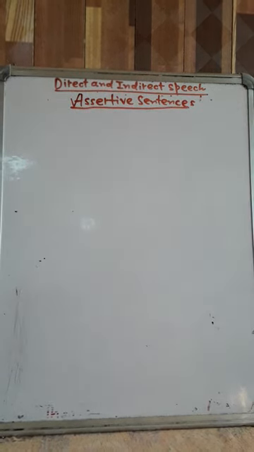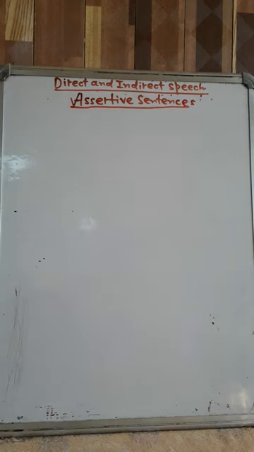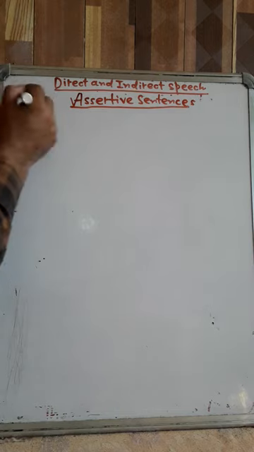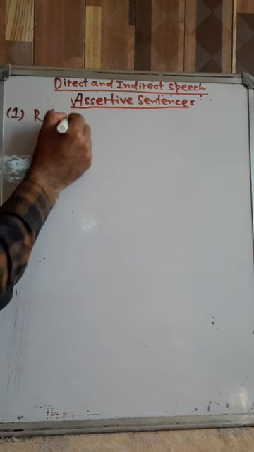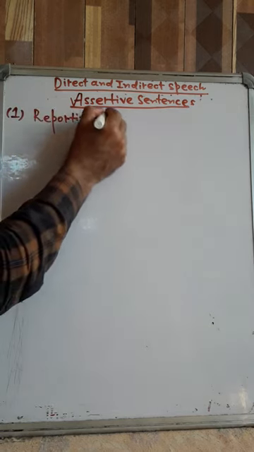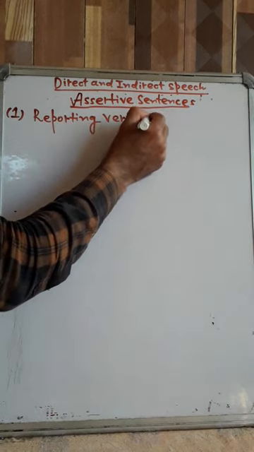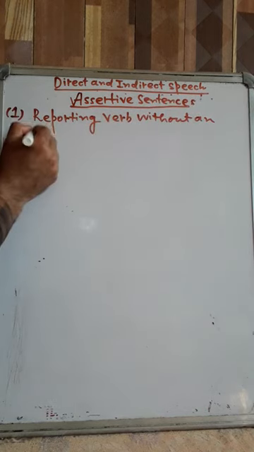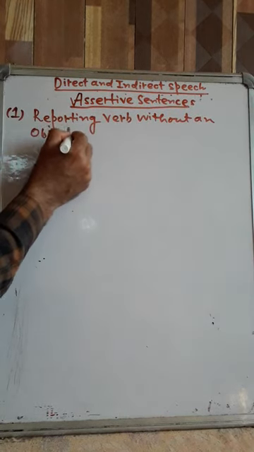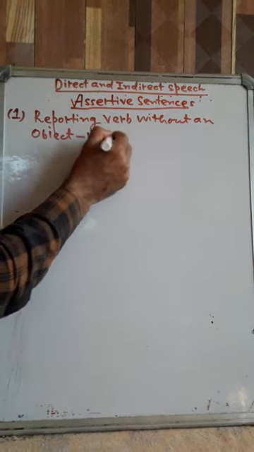Now here we have to observe certain rules. Number first, reporting verb without an object remains unchanged.